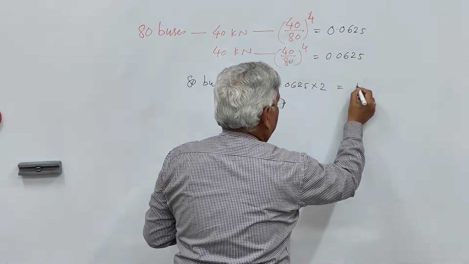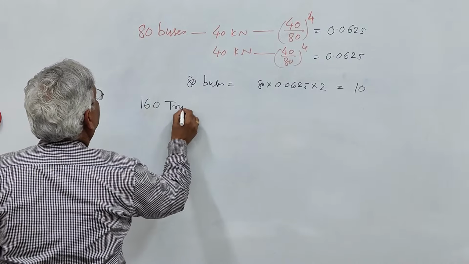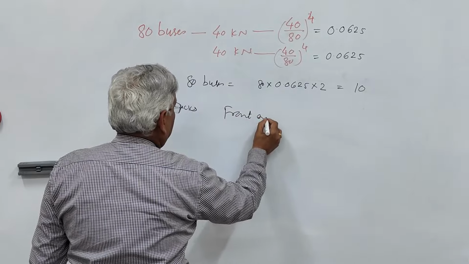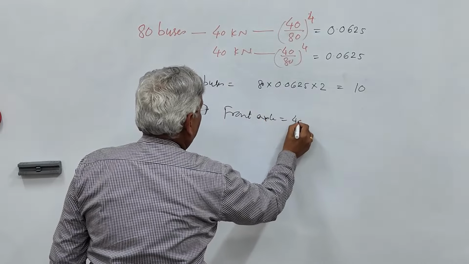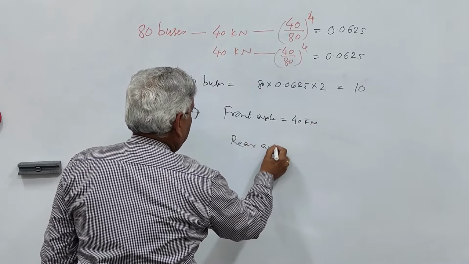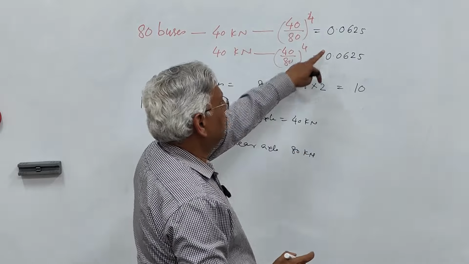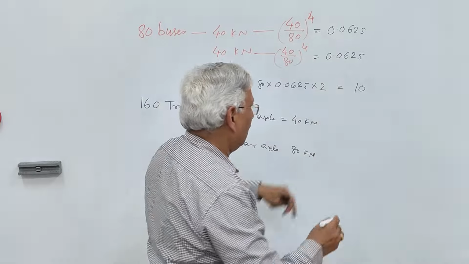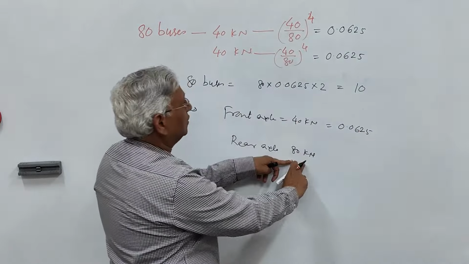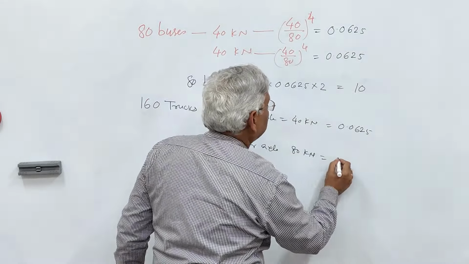This is 10. And similarly 160 trucks, where the front axle is 40 kilonewton and rear axle is 80 kilonewton. Now 40 kilonewton again will have equivalent single axle load of 0.0625. 80 kilonewton, because ESAL is also 80 kilonewton, will be equal to 1.